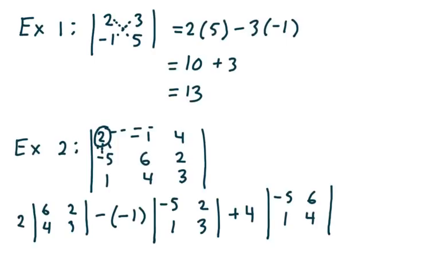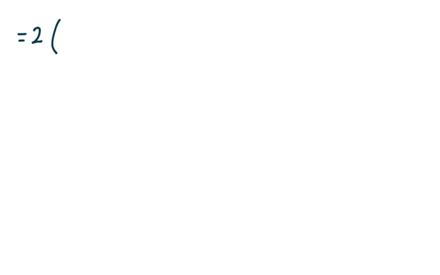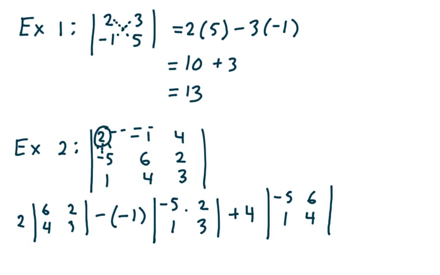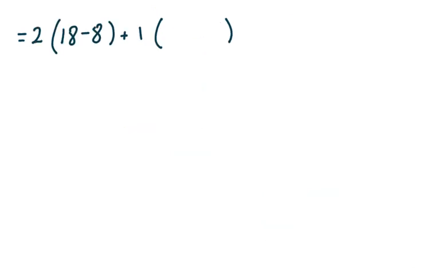this is equal to 2 times, I'm going to get 18 minus 8. Subtracting a negative 1 tells me to add 1, and then I'm going to multiply by negative 15 minus 2. So I'll write negative 15 minus 2.